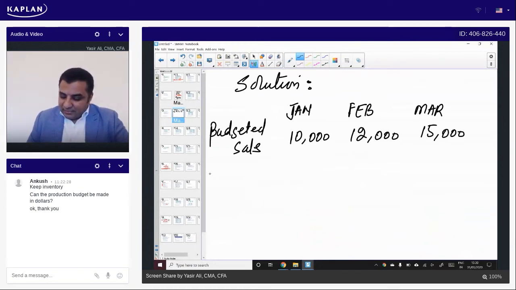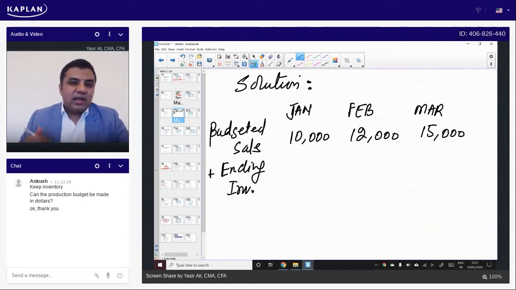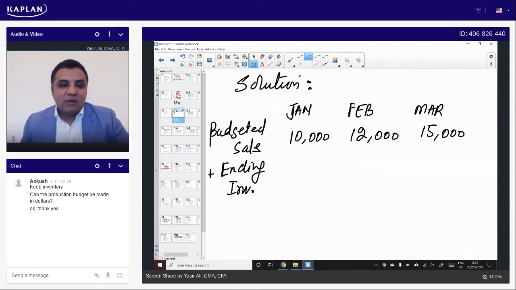Now, plus, what was the formula? Budgeted sales plus desired ending inventory. What is the rule regarding ending inventory? Ending inventory must be 10% of coming month's sales. So ending inventory for January would be 10% of the coming month's budgeted sales, which is February: 10% of 12,000 is 1,200.